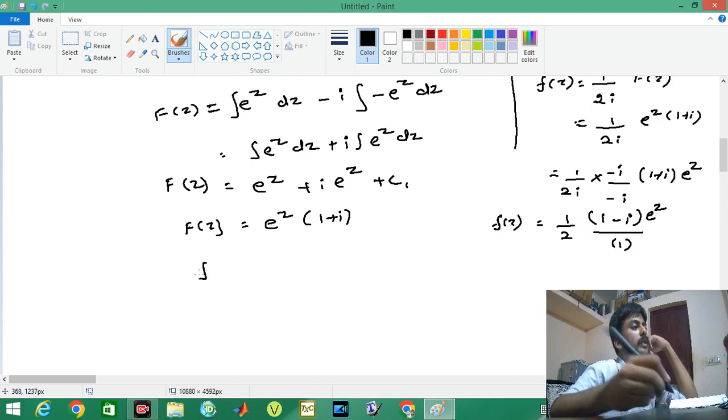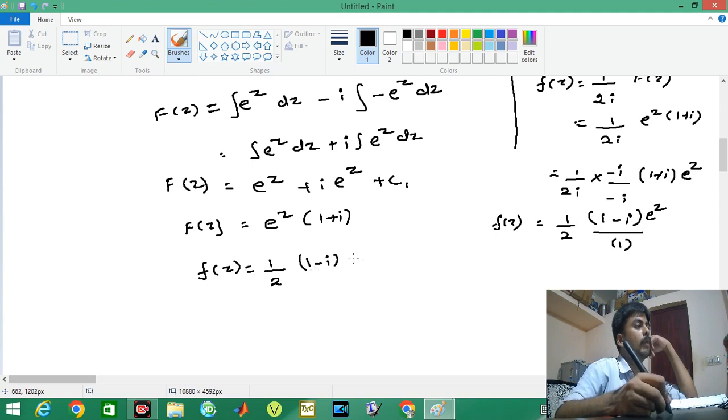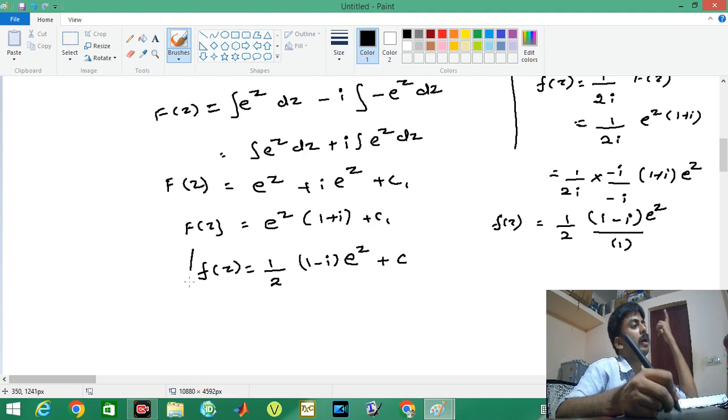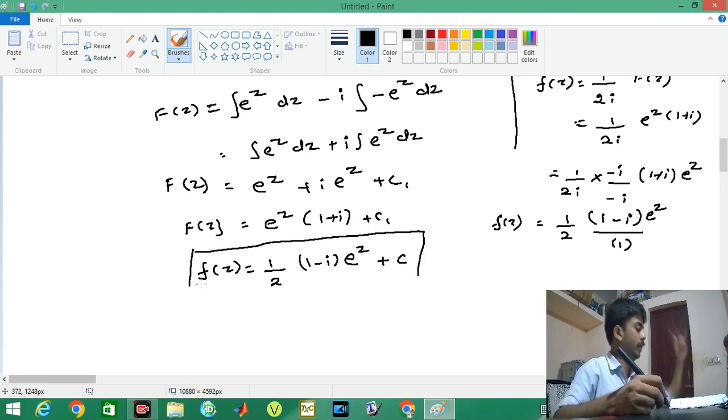So we can write our final answer here. F of z equal to 1 divided by 2 of 1 minus i into e power z plus a constant. Here you will have a constant c1, but finally you will have small f of z equal to 1 by 2 of 1 minus i into e power z plus constant.